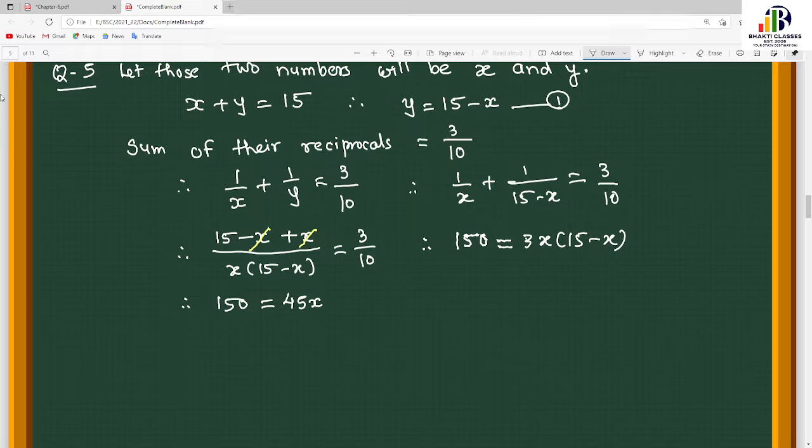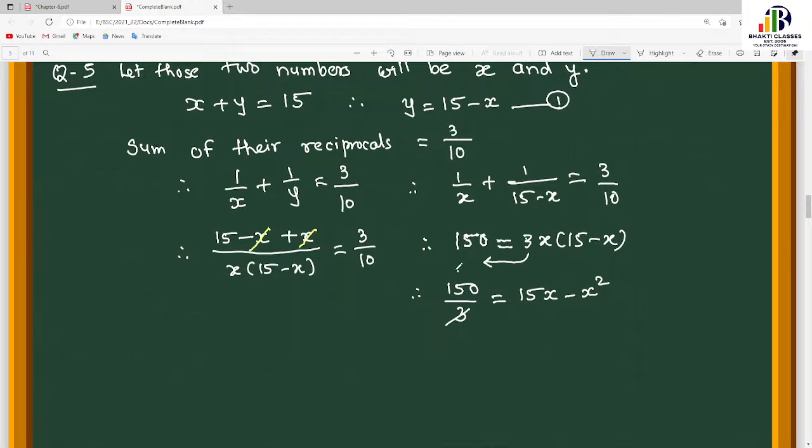Now you can do it smartly. We will make it a little easier. We will bring this 3 in the denominator over here. We will have 150 divided by 3 is equal to 15x minus x square.